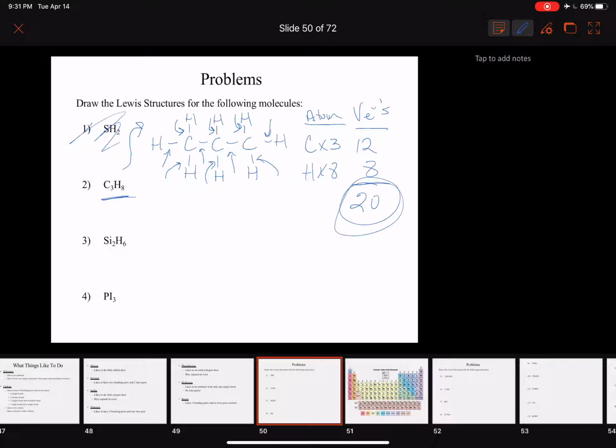Okay, so number 3 is Si2H6. So silicons behave like carbons. So we would probably go ahead and bond those together because we would bond carbons together because they like to bond to each other. Also, the only other thing we have there is hydrogens, and we know hydrogens don't like to be in between anybody. They like to be on the end, and they also only have a single bond. So we go ahead and distribute our hydrogens all the way around because nature likes symmetry, so we do that first.